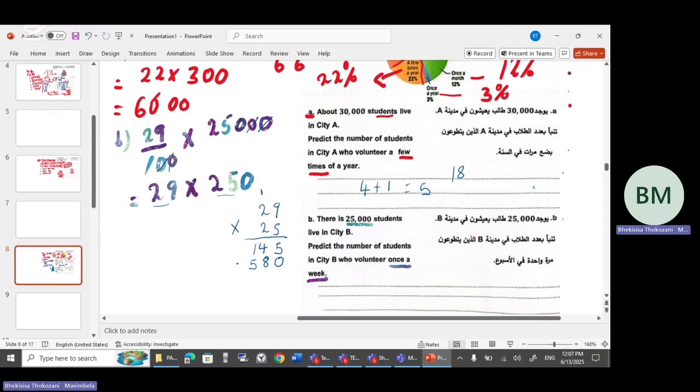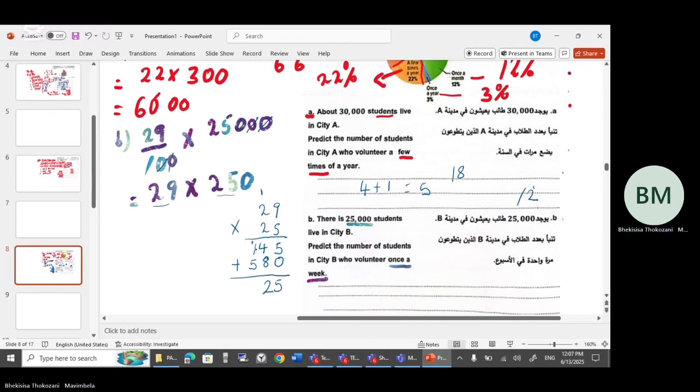And once you have done that, you are now going to add all of this. 5 plus 0 is going to give you 5. 4 plus 8 is going to give you 12, guys. So I'm going to write 2 here and carry 1. Are we together, guys?